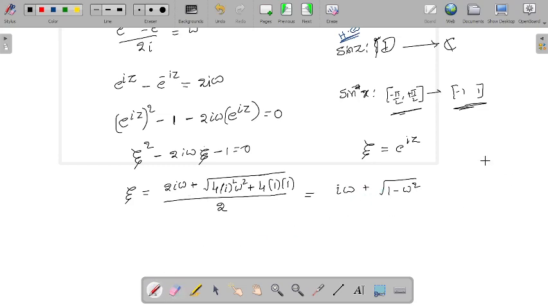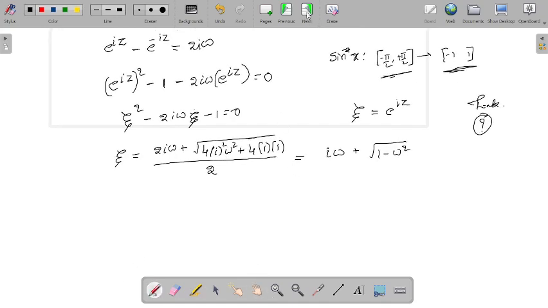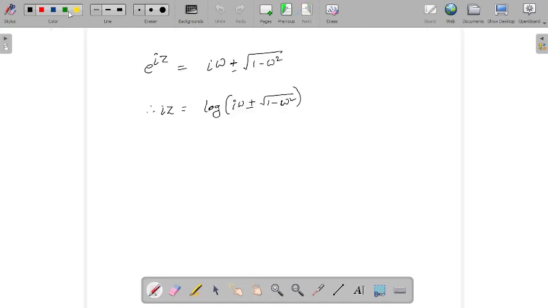So think why. Now if we consider plus, here you'll have just one quantity. So now it is easy. So from this you can see what z is.